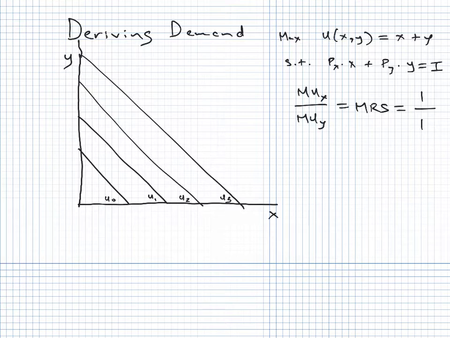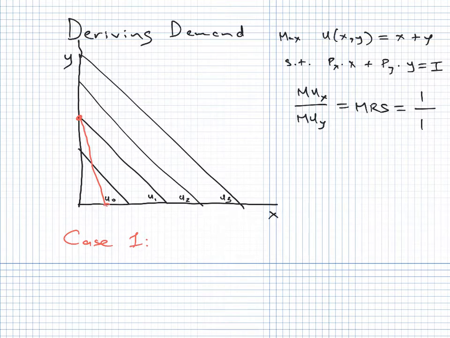So what I'm going to do is I'm going to start with what I'm going to call case 1. And in case 1, what I'm going to do is sketch in a budget constraint, and I'm going to make that budget constraint pretty steep.